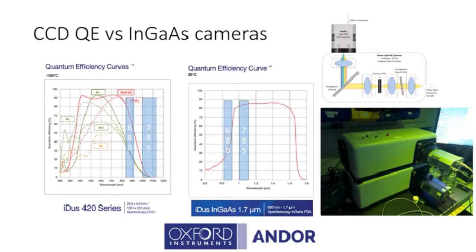And this is all down to the quantum efficiency of the detectors we're using. We use very effective deep depletion cameras under normal circumstances when we're looking at the fingerprint region of the spectrum. But when we move across to the high wave number region, if you look at the QE curves on the left, if you follow the red line along, that's effectively our camera.